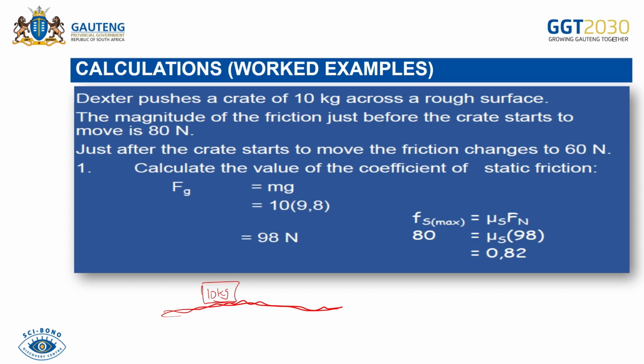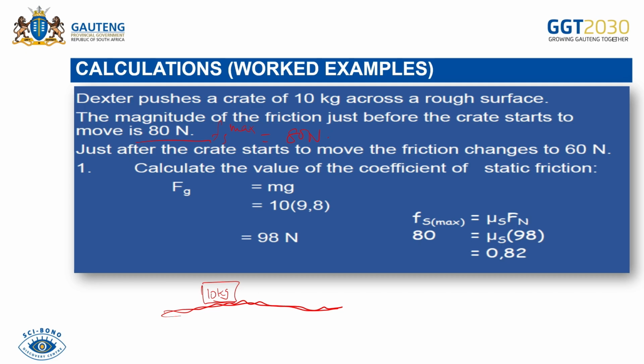The magnitude of the friction just before the crate starts to move is given as the maximum static friction, which is 80 newtons.